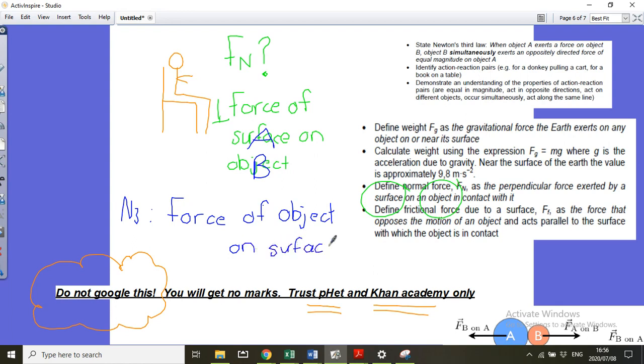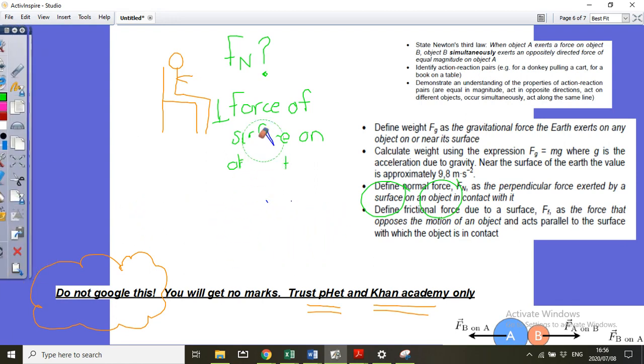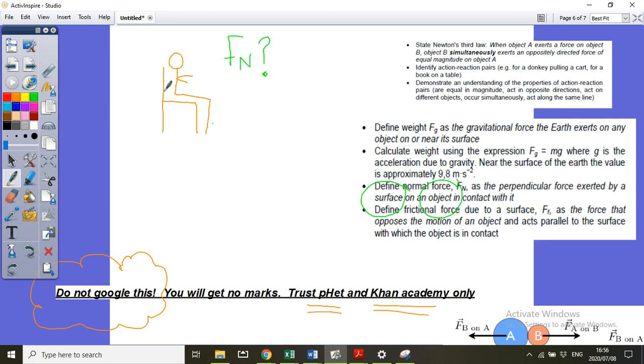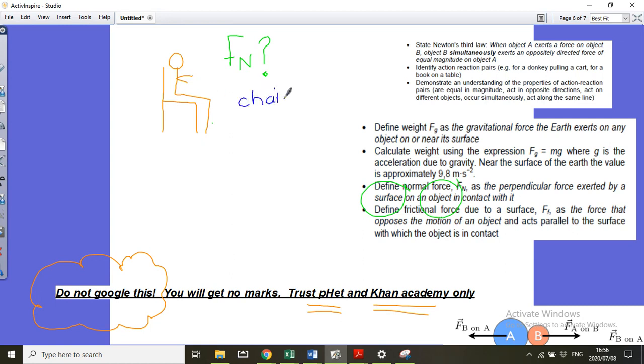So if we apply that to this question here, let's just use a more real type of example, because it's a bit wishy-washy if we do that. So if we say the normal force acting on me, okay, so what's the Newton 3 pair of the normal force acting on me? Again, what is the normal force on me if you forget about my feet? Here it will be the chair on kVs.